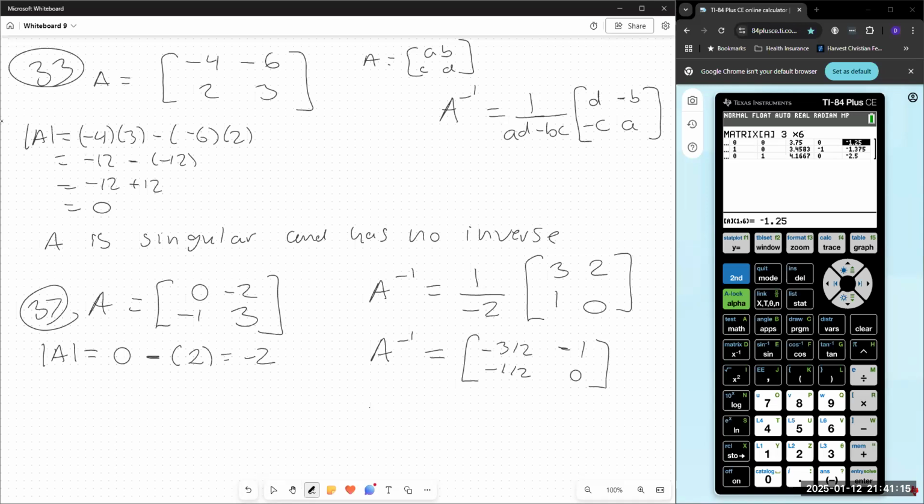So if I'm going to square this, and I'm going to use that notation, then I'm going to take this times itself.